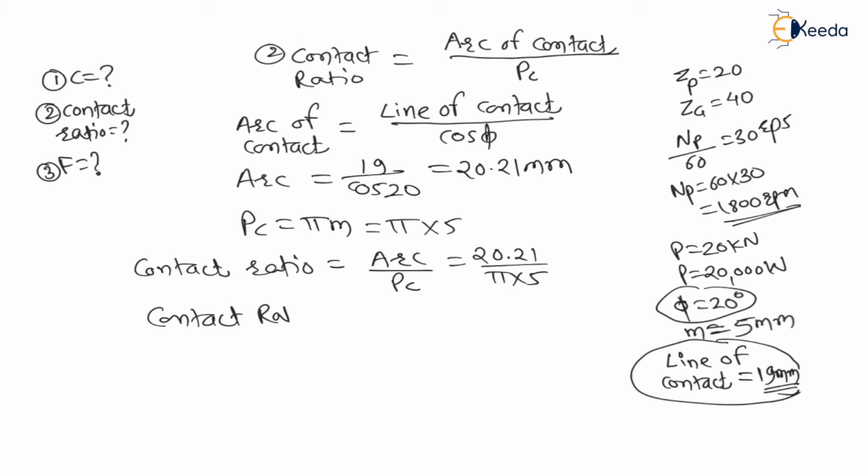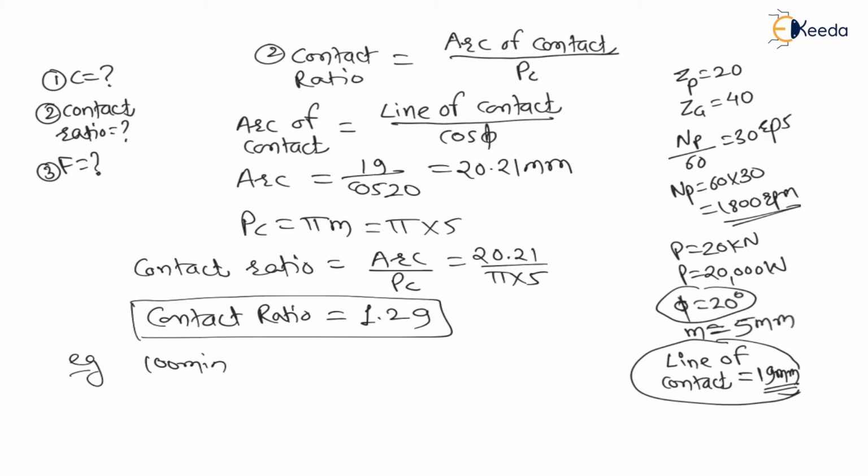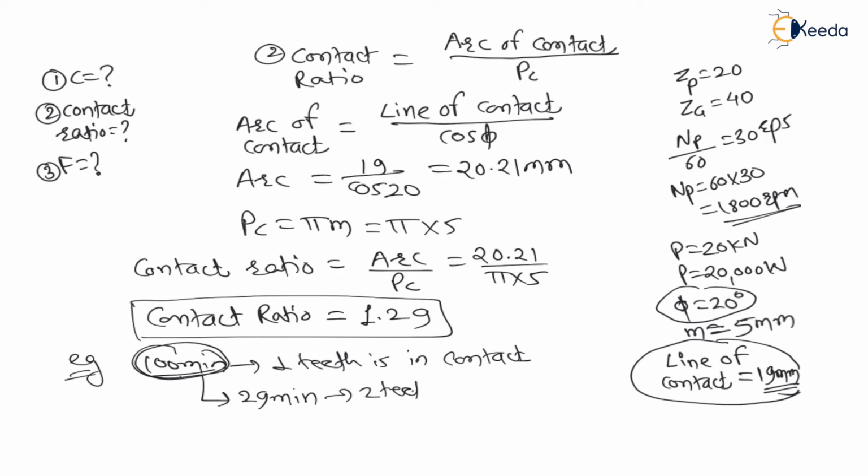If I solve this equation, anyone will get the contact ratio equal to 1.29. The meaning of this is, let us say for example, for 100 minutes one tooth is in contact, then in those 100 minutes, for 29 minutes there will be two teeth in contact.